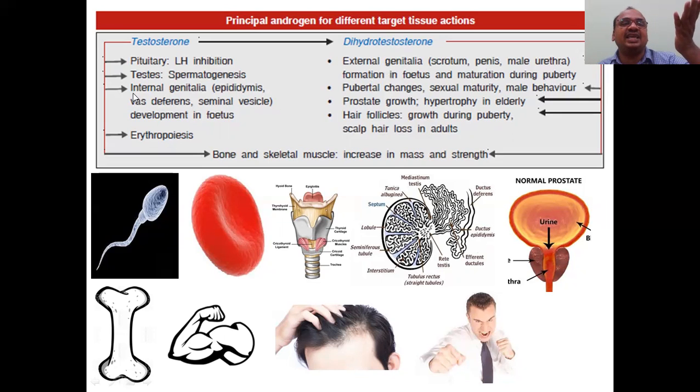Internal genitalia, here you can see, that is testosterone. Okay, penis, male urethra, formation in the fetus, and maturation during puberty, like this. All this, prostate gland, very important. Prostate gland, dihydrotestosterone. Okay, and hypertrophy, edema, hair follicles, hairs.